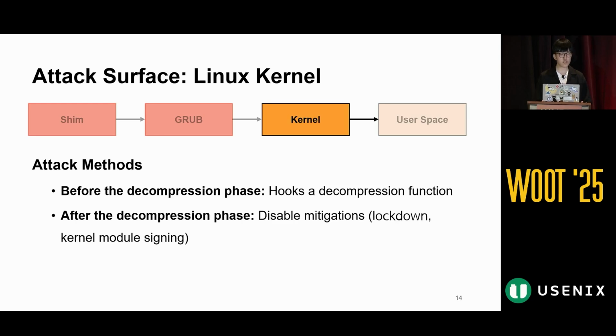Due to this structure, an attacker can hook the decompression function to disable kernel-level mitigations such as lockdown and kernel module signing. This approach allows the attacker to hijack execution before kernel mitigations are applied, providing an attack point for disabling those mitigations.